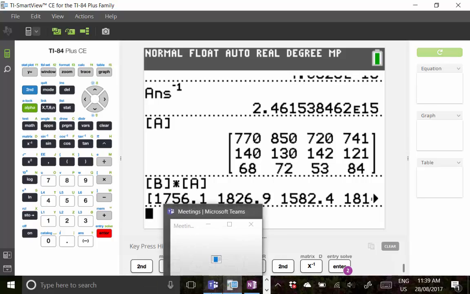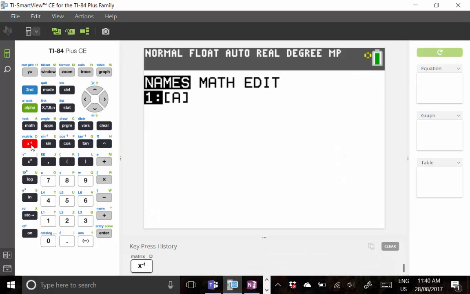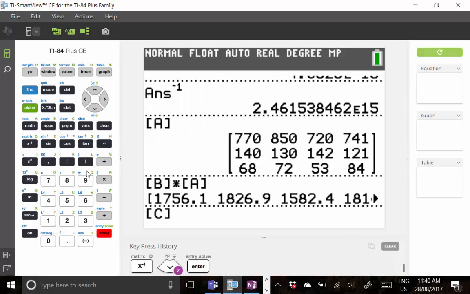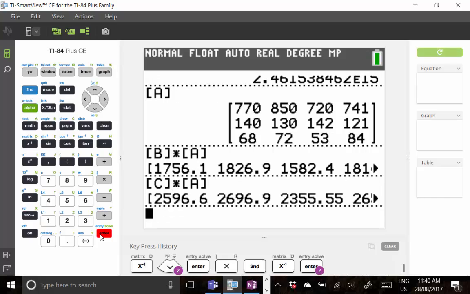So that tells me how much money I made from each of these things here. So B times A is telling me how much I make each month. Well, that's my cost for each month for my particular thing there. You can write those down. Now, if I do the same thing again, I'm going to do matrix C times A, and that will tell me how much income I have.